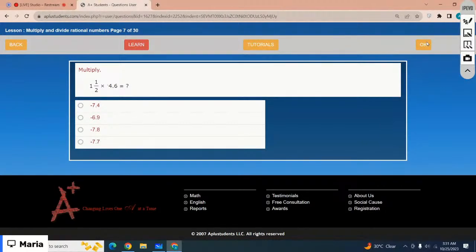One whole 1 over 2 times negative 4 over negative 4.6, which is the correct option?